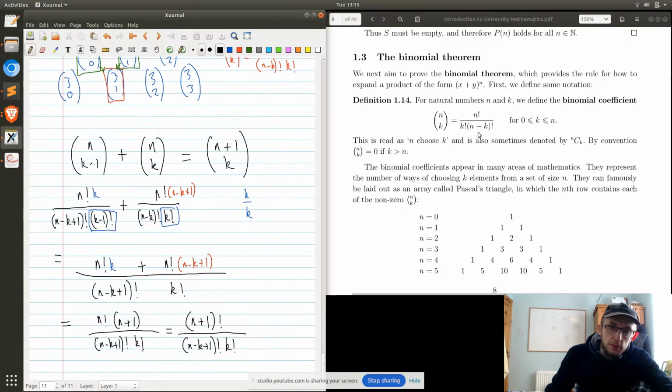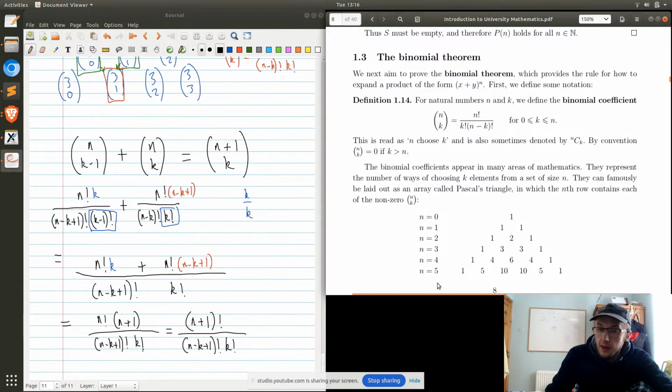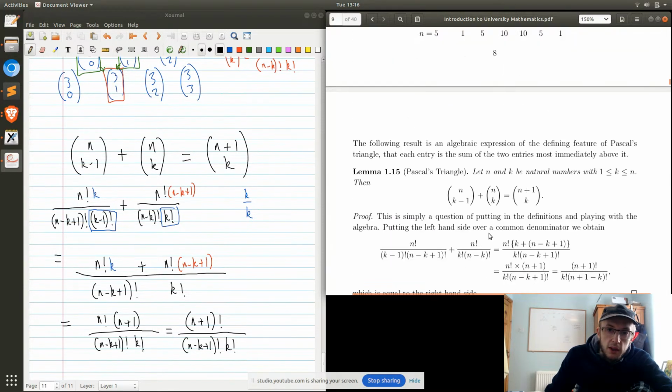It's a fraction. What is your basis for believing that this is a whole number? n factorial over k factorial times n minus k factorial. How do you know that it's a whole number? It could be whole numbers up to the 100th row, but then it could just start introducing fractions, rational numbers like 2 over 3, for no reason.